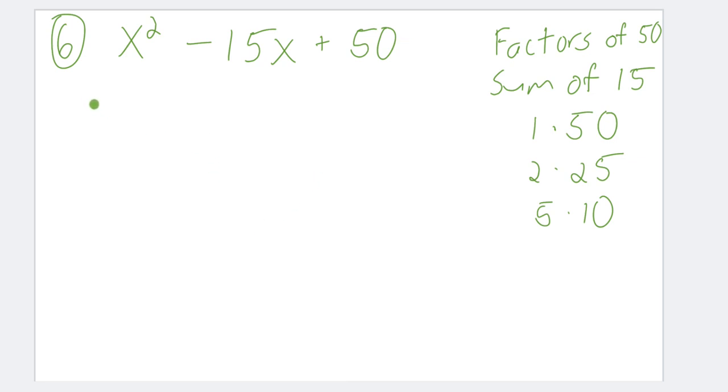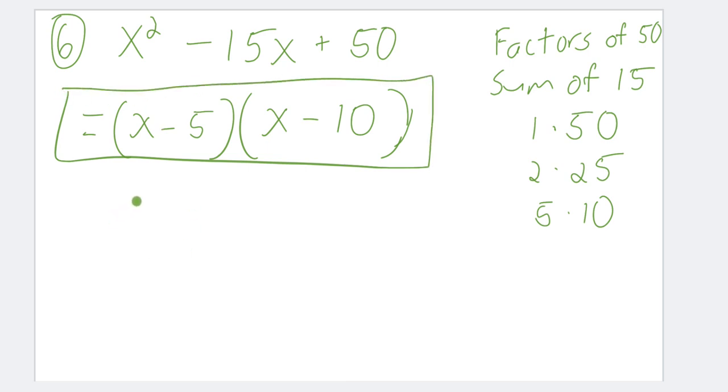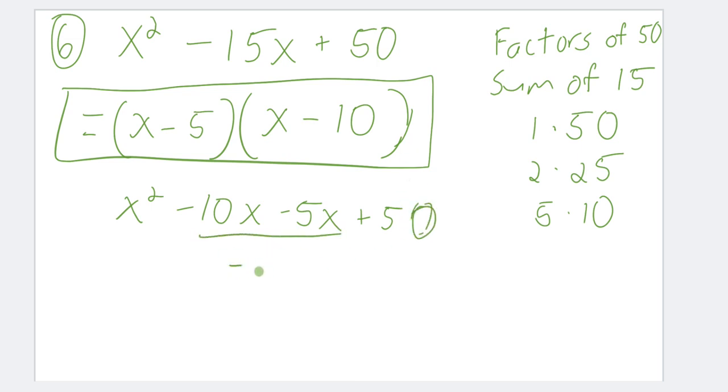So again, we're going to factor this into x minus 5 times x minus 10. Again, you multiply it out, you get x squared minus 10x minus 5x plus 50. And right there's your negative 15x.